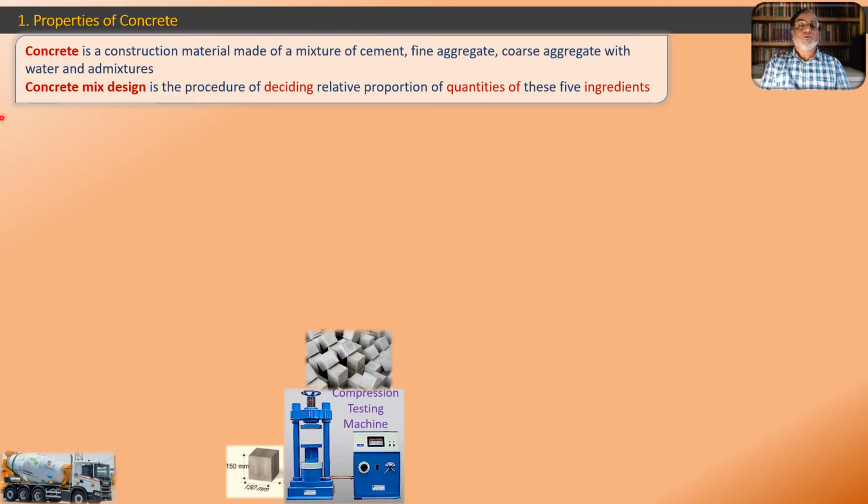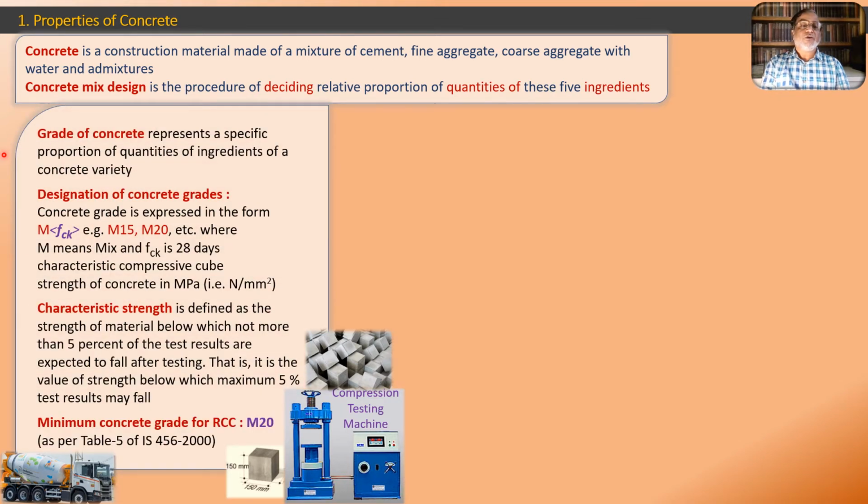Now, what is to be the relative proportion of the quantities of these 5 ingredients? That is decided by the systematic method we call concrete mix design. With this we get different combinations, different configurations of the relative proportion of quantities of these 5 ingredients, and this gives rise to what we call grades of concrete.